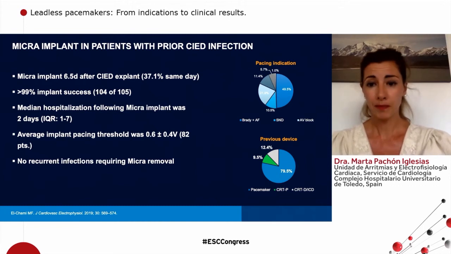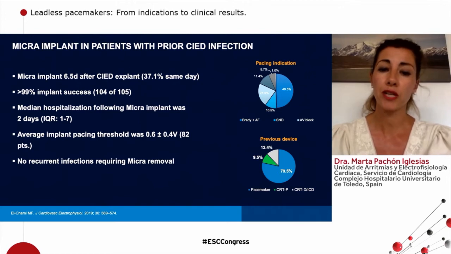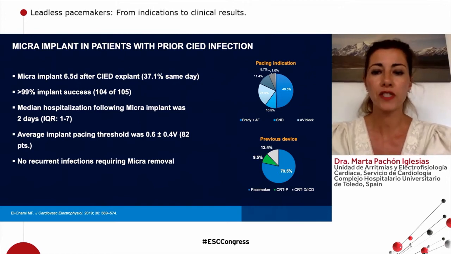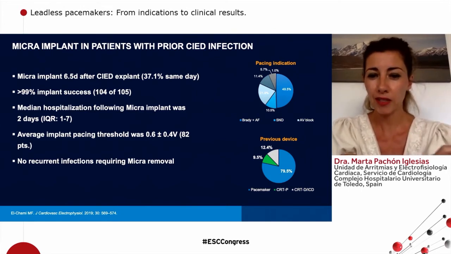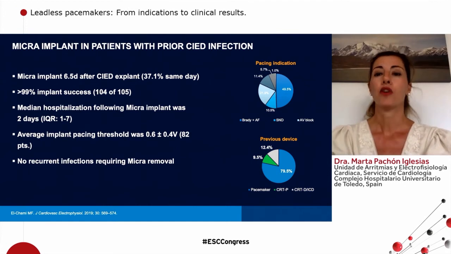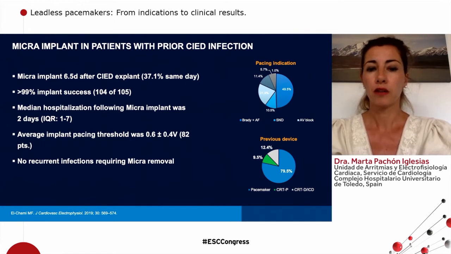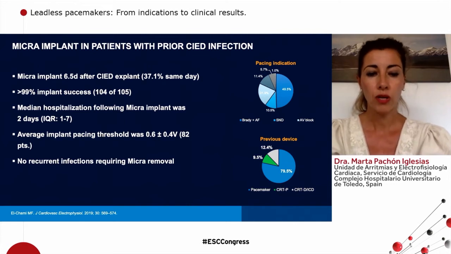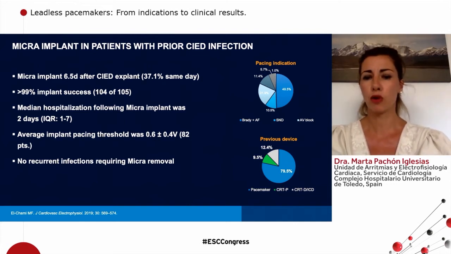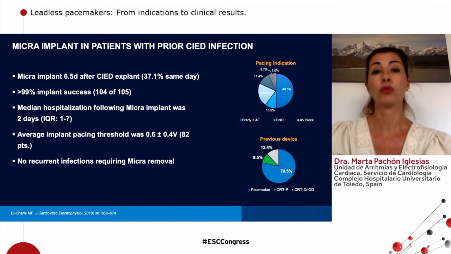All system components were explanted in 93% of the patients, and the explant occurred a median of 6 days before the Micra implant, with 37% occurring on the same day of the Micra implant. Micra was successfully implanted in nearly all the patients, and the median length of hospitalization following the Micra implant was pretty low, only 2 days. And the most important is that there were no Micra devices explanted due to infection.